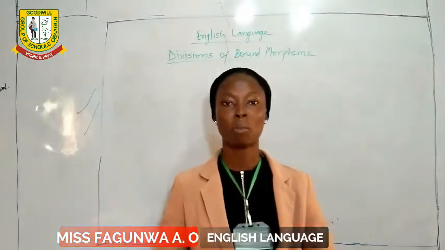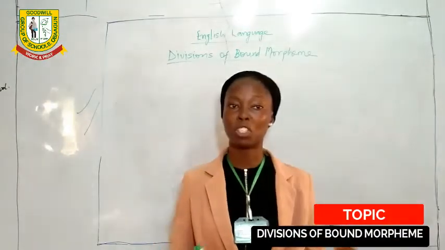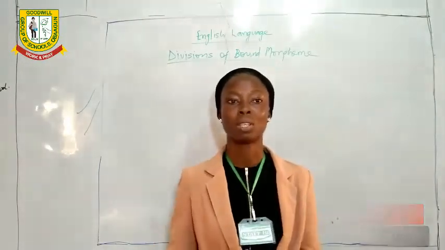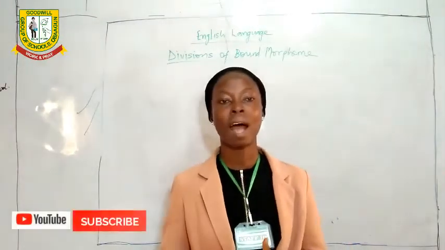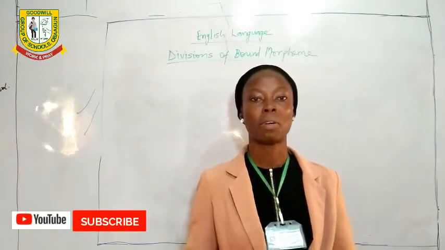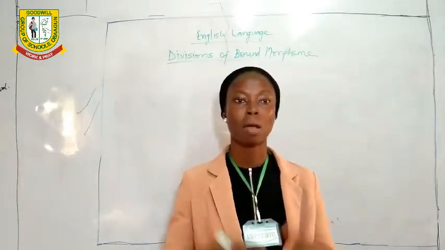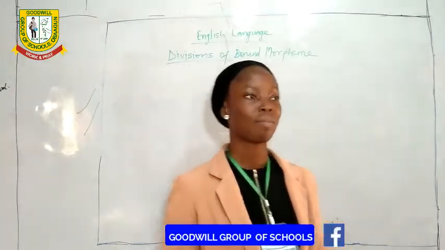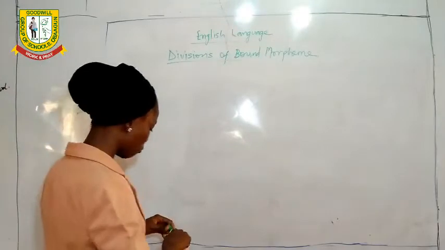Some authors are of the opinion that prefixes can be alternatively called preposition, while infixes are otherwise known as position itself, while suffixes are as well known as postposition. Now let us study together the divisions of bound morphemes.